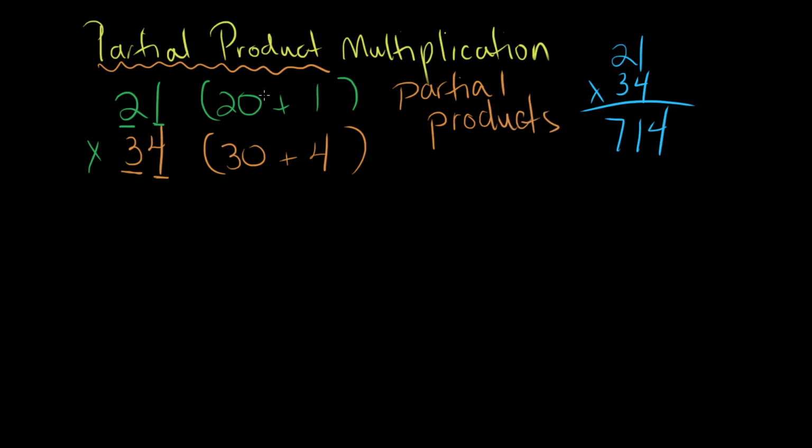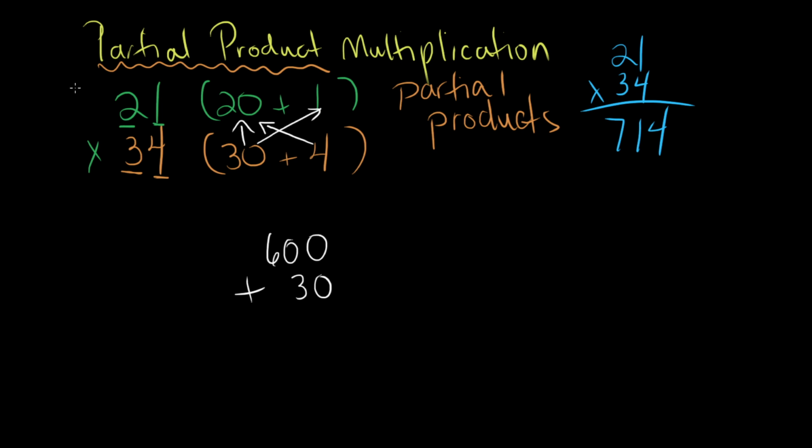Once we multiply, we will have our partial products, I should say, excuse me. So let's do our multiplication, okay? So we're going to do 30 times 20. Well, that's 600. Now we're going to do 30 times 1. That's 30. Then we're going to do 4 times 20.